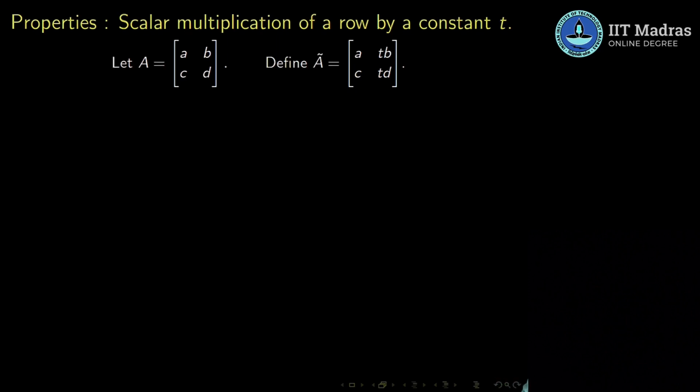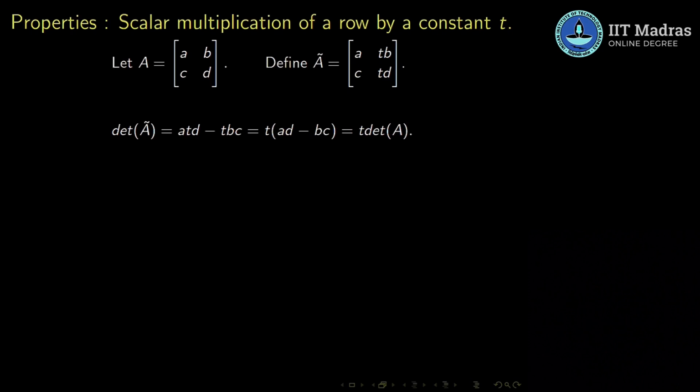So, suppose we multiply this column by t. So, we get A, tB, C, tD. Let us find out what the determinant of A tilde is. The determinant of A tilde is A times tD minus tB times C, which is, if you take t common, t times (AD minus BC). So, this is exactly t times the determinant of A.